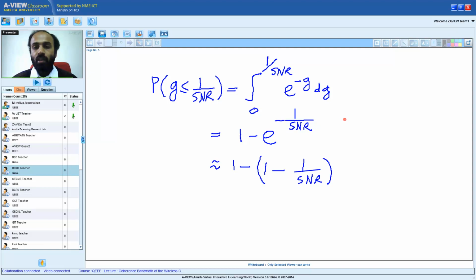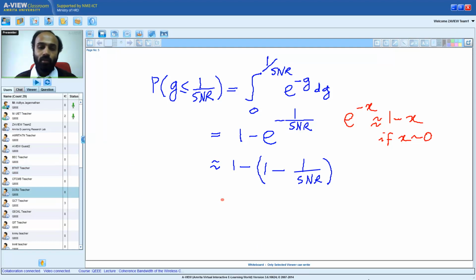I'm using the approximation that e to the power of minus x is approximately equal to 1 minus x if x is very small. Therefore 1 minus e to the power of minus 1 over SNR is approximately equal to 1 minus (1 minus 1 over SNR), which is 1 over SNR.